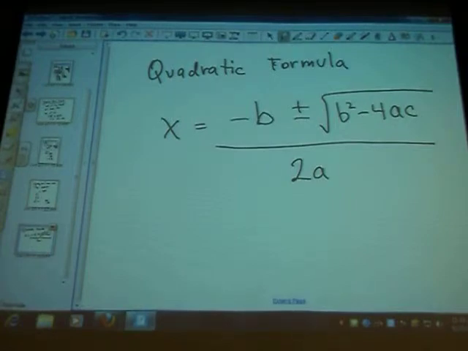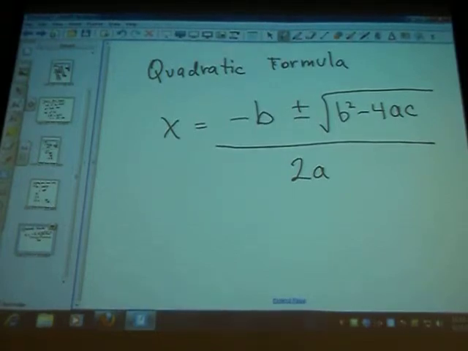Alright, we're ready to do it again. x equals negative b plus or minus square root of b squared minus 4ac all over 2a.